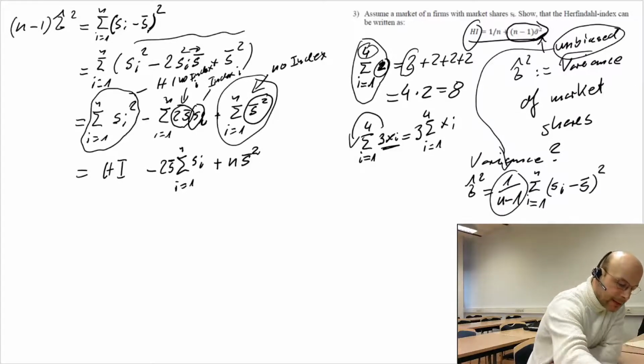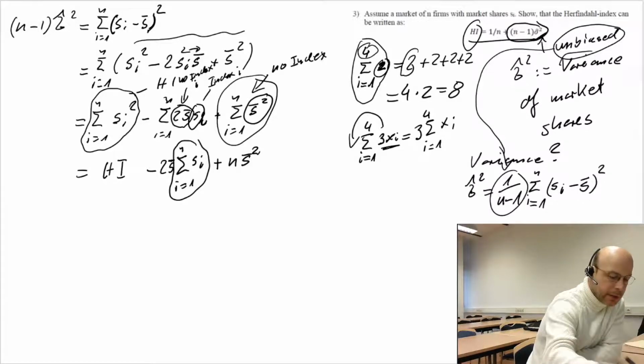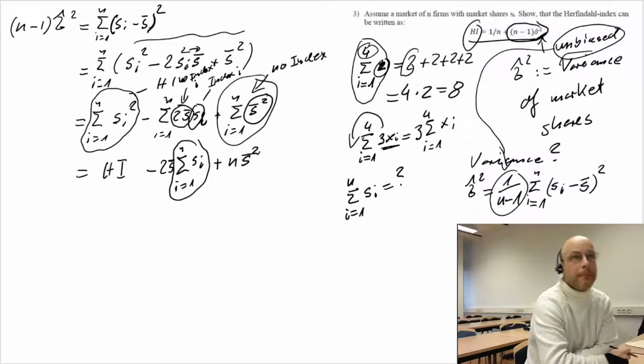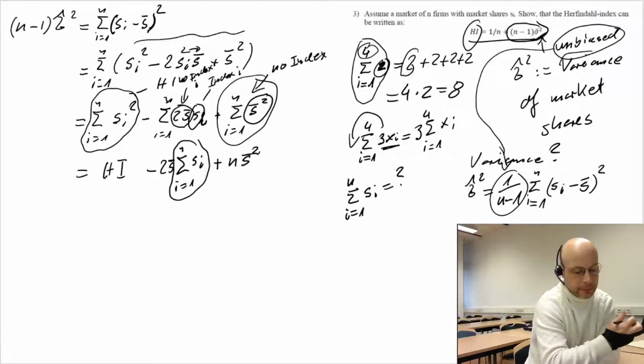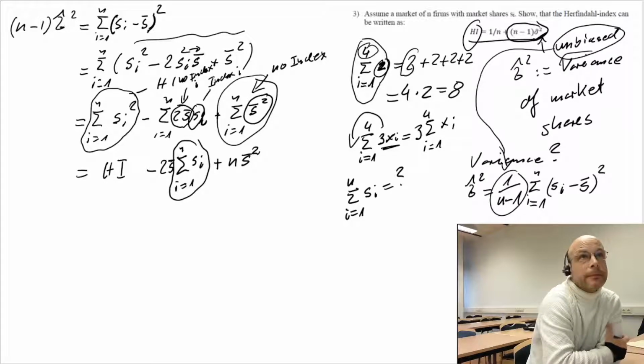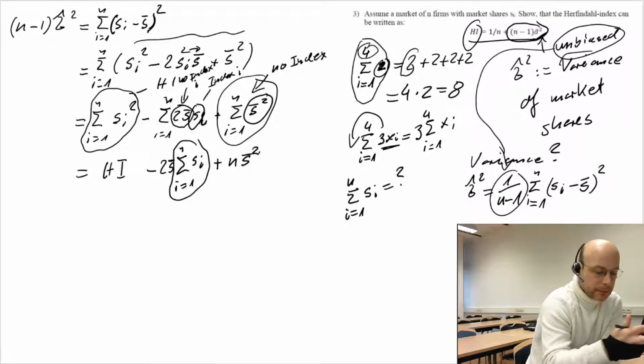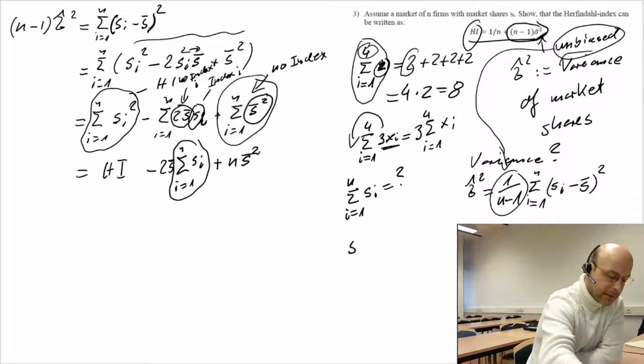And now let's have a look at this summation. What is the sum over si, I equals 1 to n? This has a direct connection to s bar. How is s bar defined?